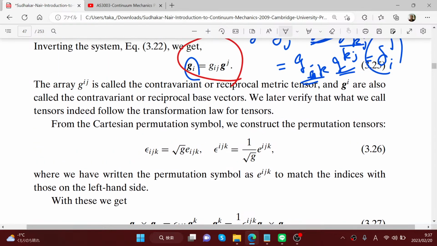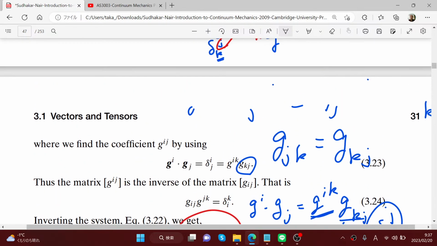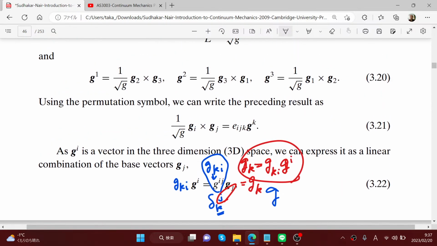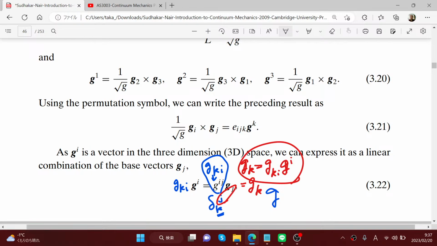I think this just absorbed this G factor.